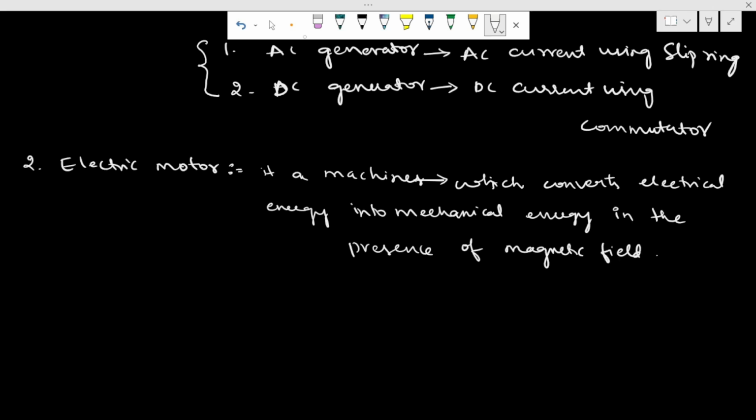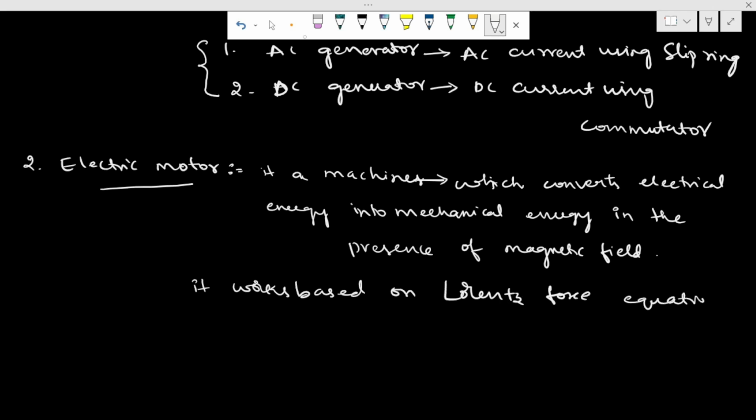In the electric generator we convert mechanical energy into electrical energy. In the electric motor we convert electrical energy into mechanical energy. It works based on the Lorentz force equation. Let us see what is the Lorentz force equation.